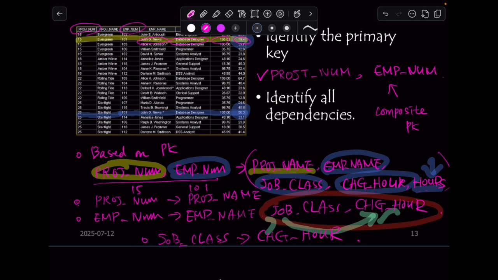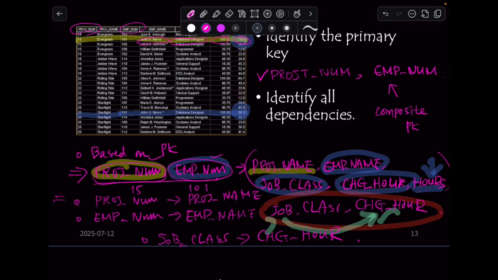In summary, what we found here is, first of all, based on the primary key, we found the functional dependency given here. When you have a composite primary key like this, try to evaluate whether each primary key attribute can determine some other attributes.